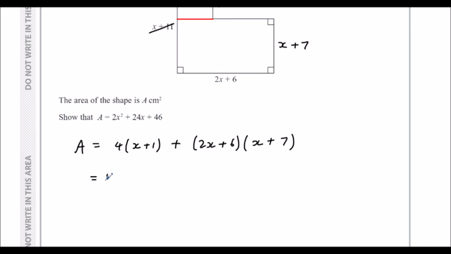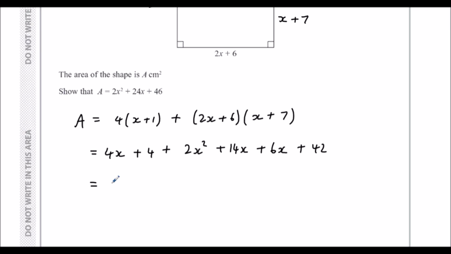So we'll expand all of these brackets. 4 x's are 4x, 4 1's are 4. 2x times x is 2x squared. 2x times 7 is 14x. 6 x's make 6x, and 6 7's are 42. Then collecting all of the like terms, we've only got one x squared term, so that's 2x squared.